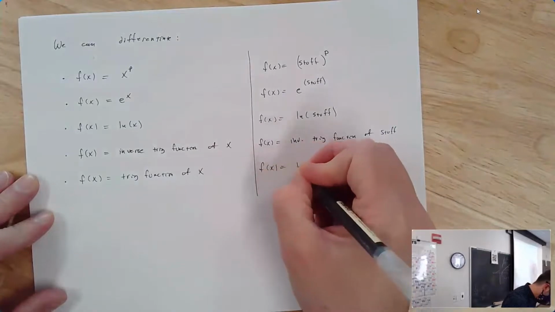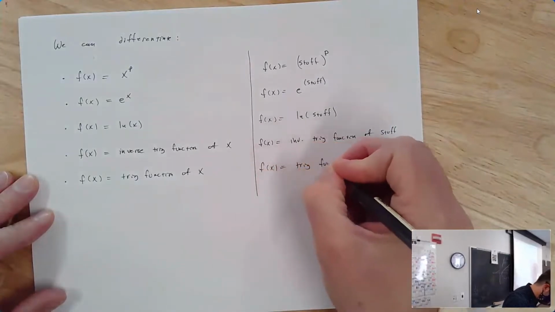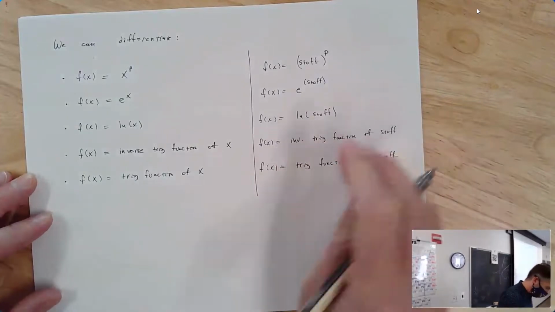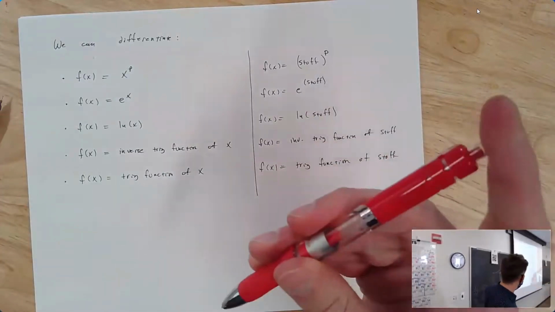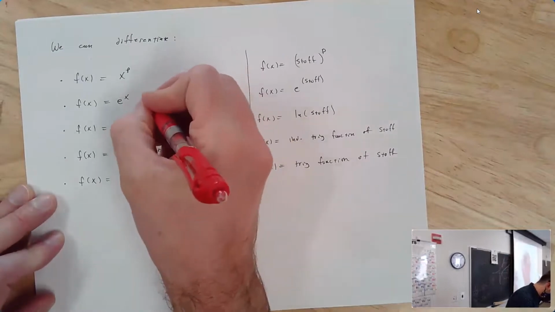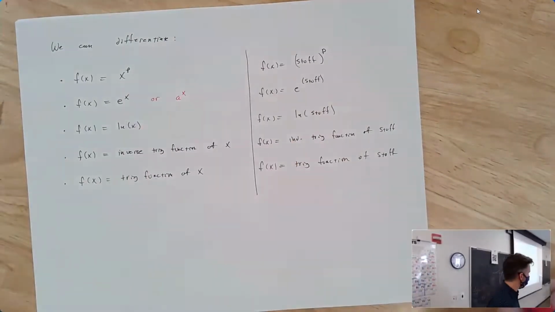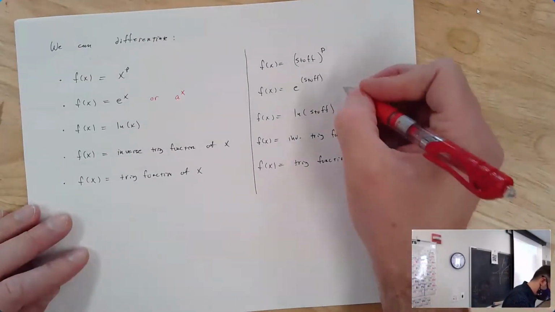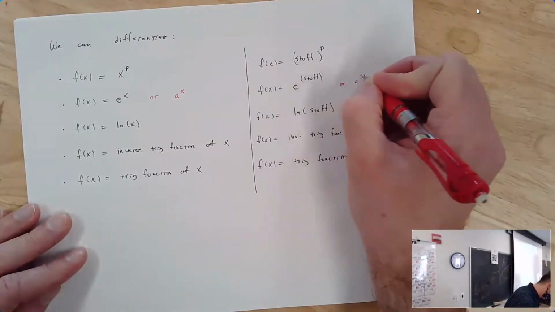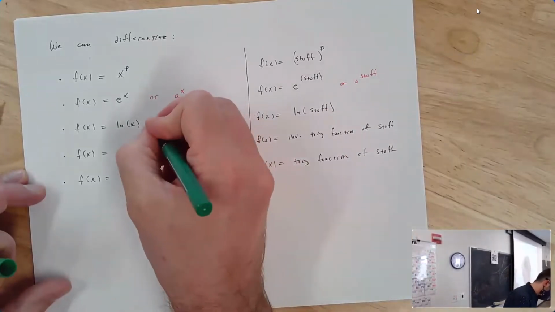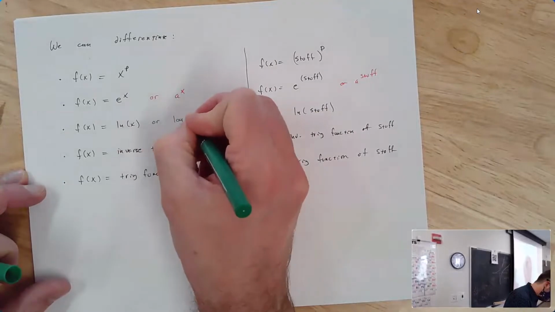There were two things I didn't forget. I just don't really think of them as being different. For e to the x, I kind of lump these together, you could also have a to the x. And similarly, for natural log of x, you also have log base a of x.